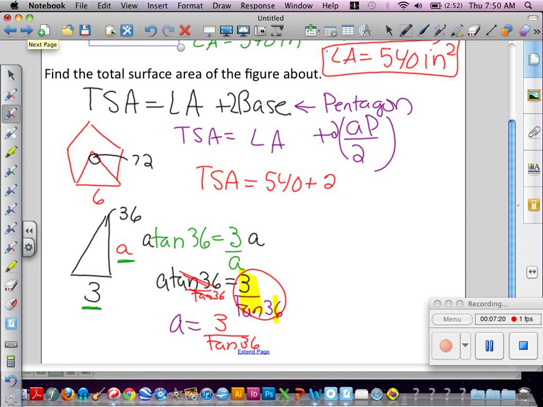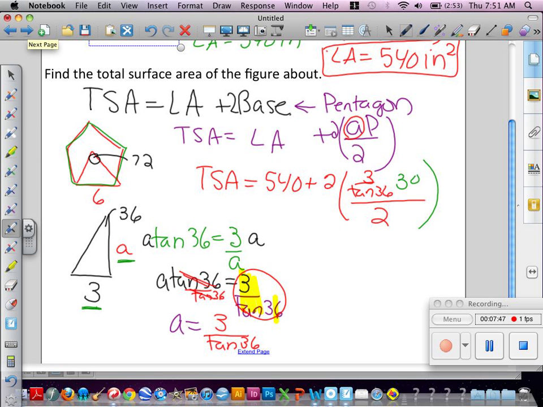So I actually went up here and I wrote that in for A. I wrote my 3 over tangent 36. You guys have to keep all of that in your calculator, so you might as well just write it in there. My perimeter around here, I've found that once already, but I have 6 on a side and I have 5 sides. So my perimeter is 30.